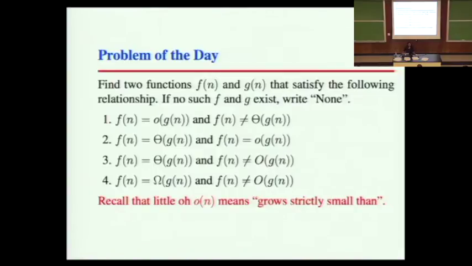So this is a very good question. Now let me repeat it. The question is that when we said F of n is little o of G of n, we said F of n can be n and G of n can be n squared.